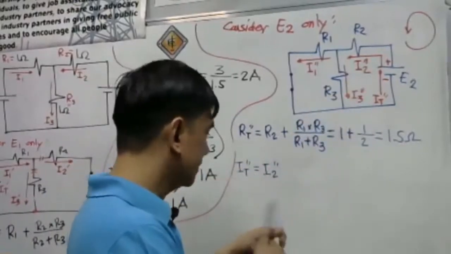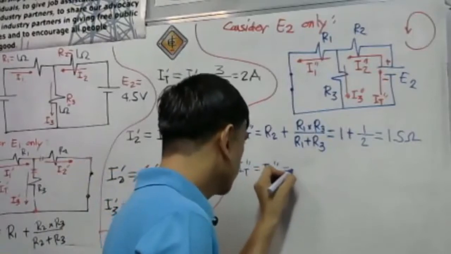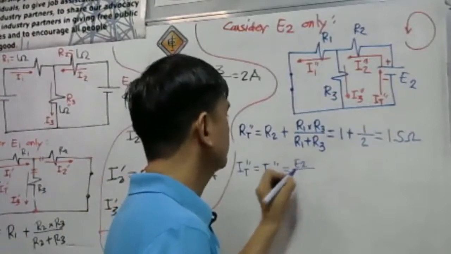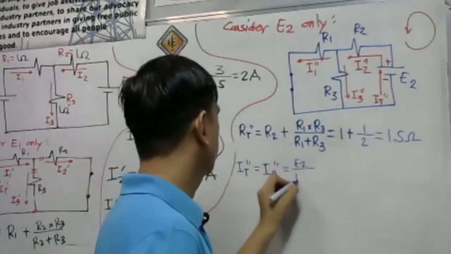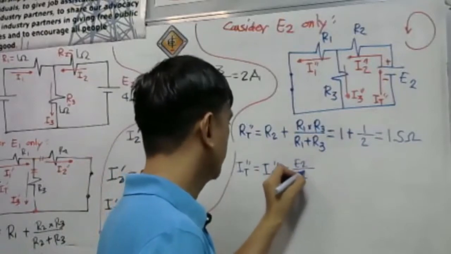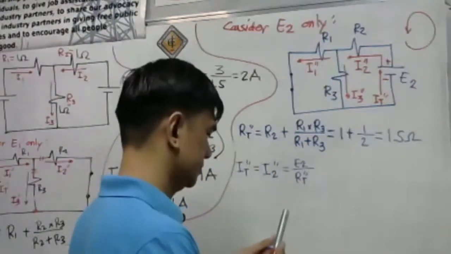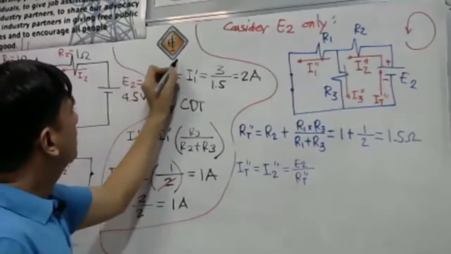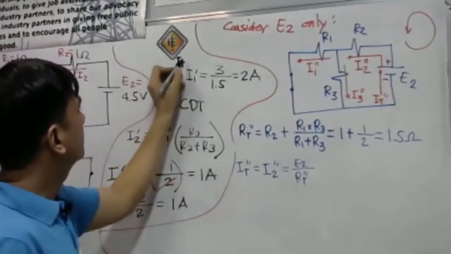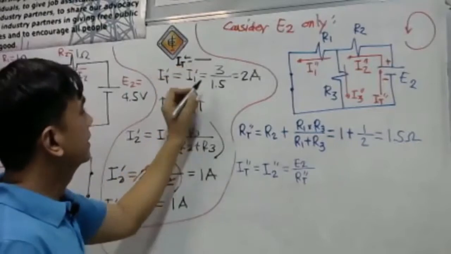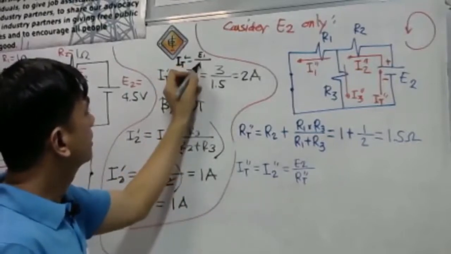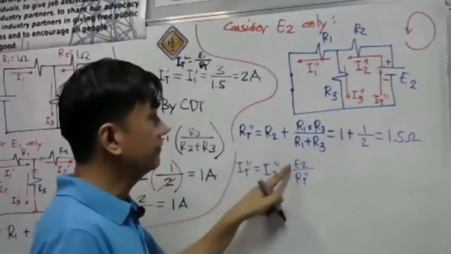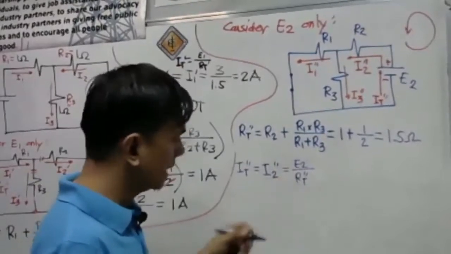Which is equal to, by Ohm's law, E sub 2 over R total double prime. Remember that for our I total prime, that is simply equal to E1 over R total prime. For I total double prime, we have E sub 2 over R total double prime.